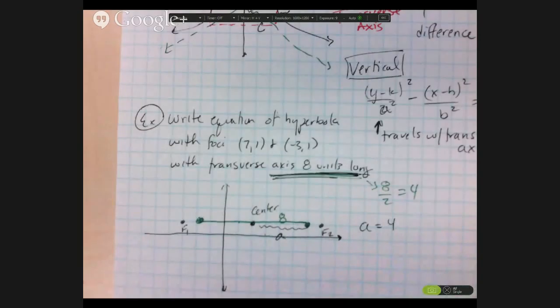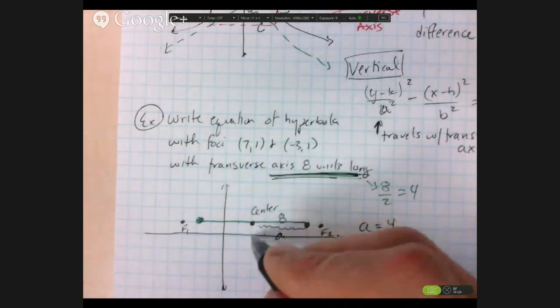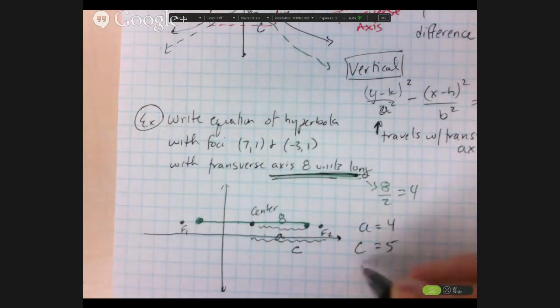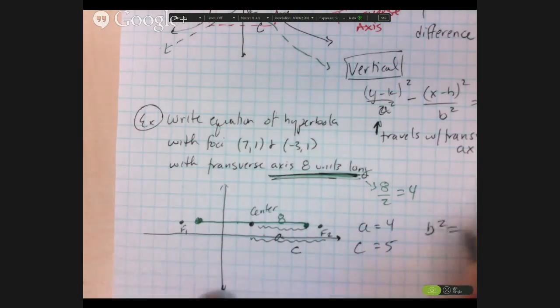Can we calculate C? Yep, because this is C. And all we need is B to write the equation. Okay. Now this one's a touch different than ellipses, so you're going to have to write this on your blue sheets. I'm not going to ask you to memorize these, but we know this.